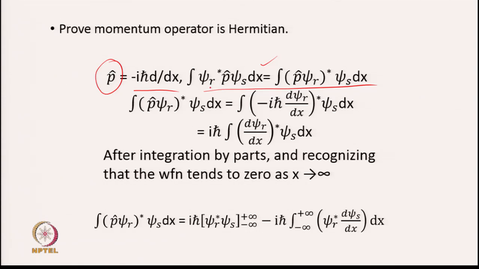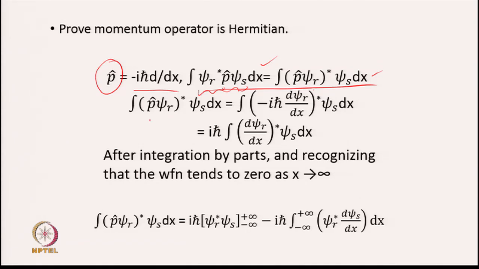Here you see again there are two wave functions, r and s. First is your momentum operator applied to psi s multiplied by the conjugate of psi r, and what we should get is the momentum operator applied to psi r, take the complex conjugate, multiplied by psi s dx. Now, let us start again from the right hand side.